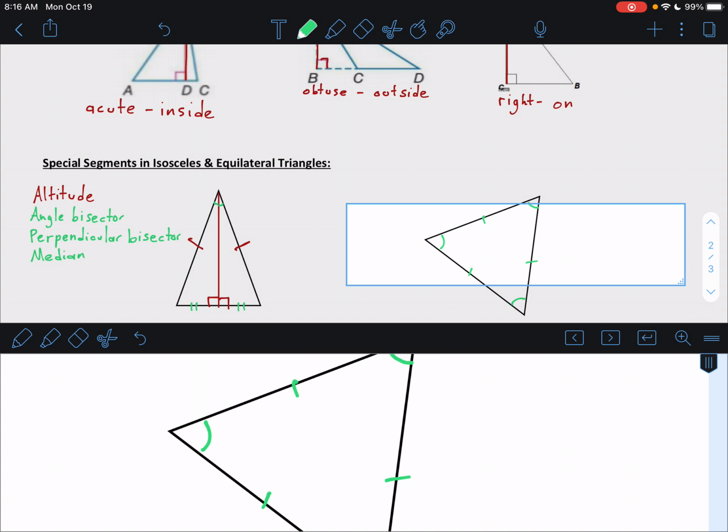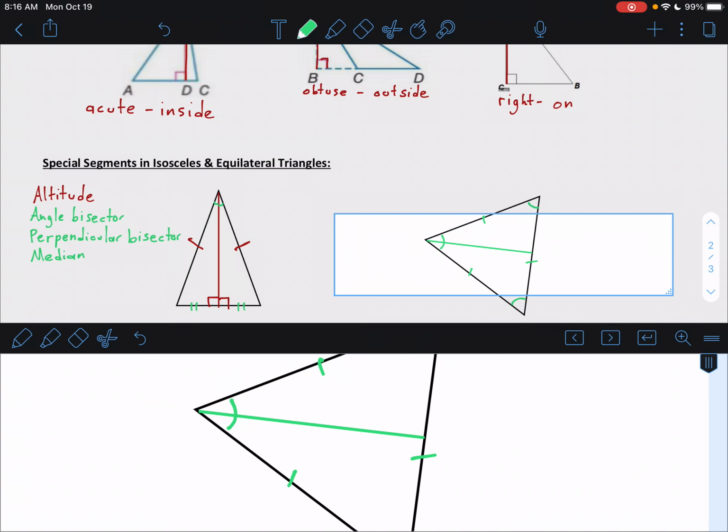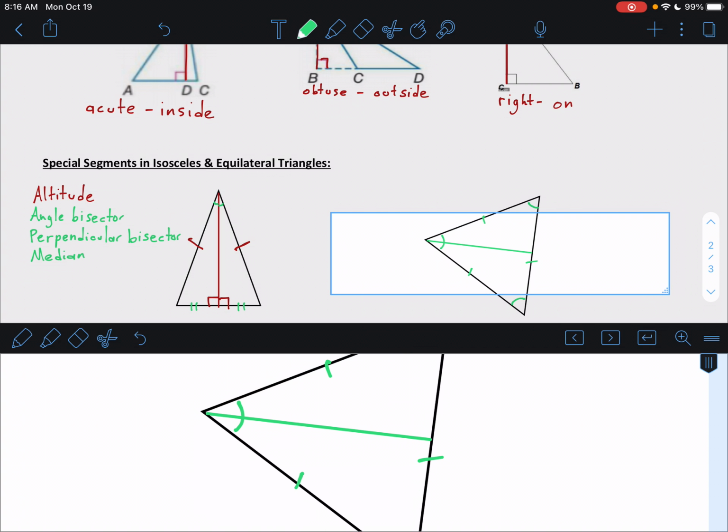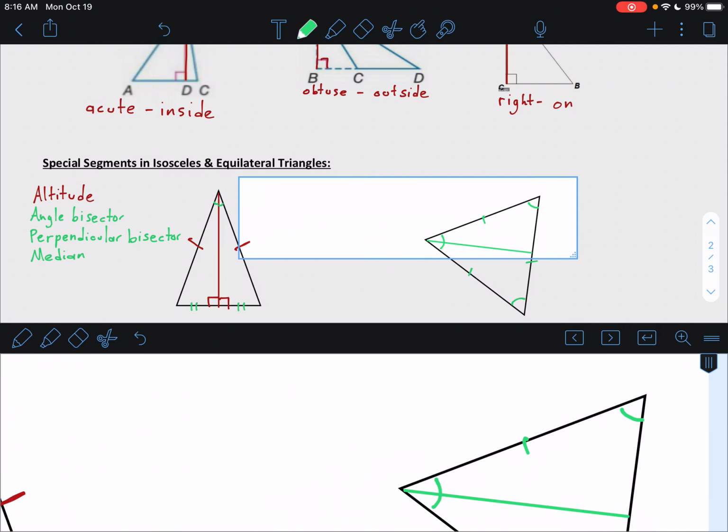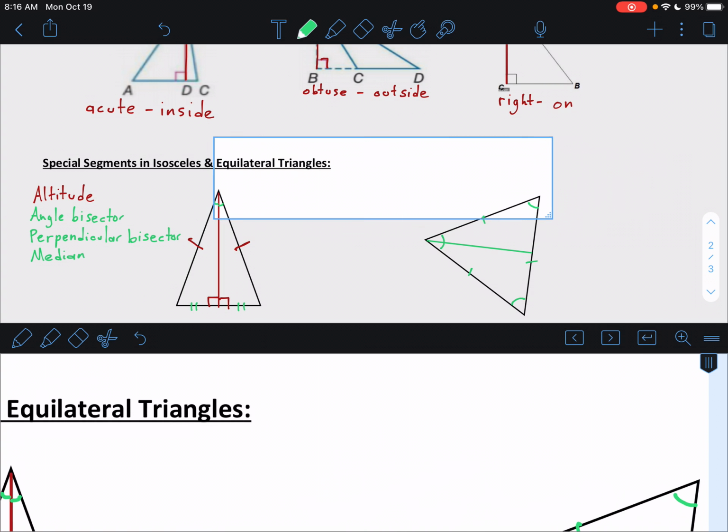So if I have a segment that is going through one of the points and meeting another side, at least one of these special segments, since an equilateral triangle is a type of special isosceles triangle, which we talked about in a previous video, then it is also going to be all 4.